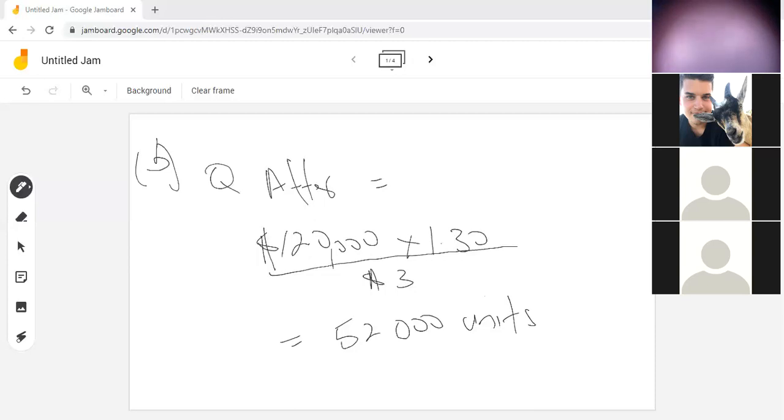Are you finished? No, not yet. So the only major difference in this question is that it's telling you that break even should be calculated using only cash fixed costs.